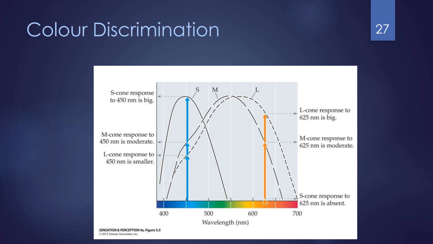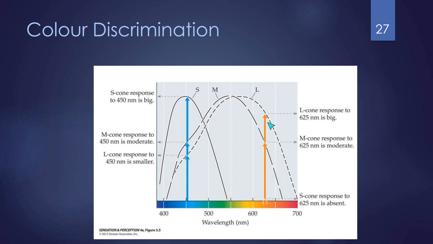So let's look at the responses of these three cones to the two wavelengths of light now. So we're coming back to our 450 and our 625 nanometer wavelengths.